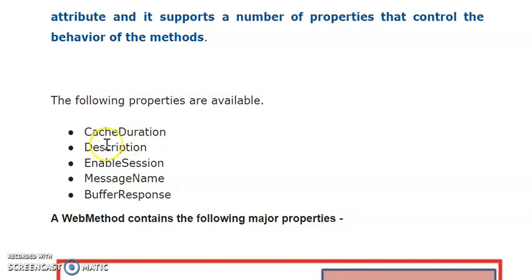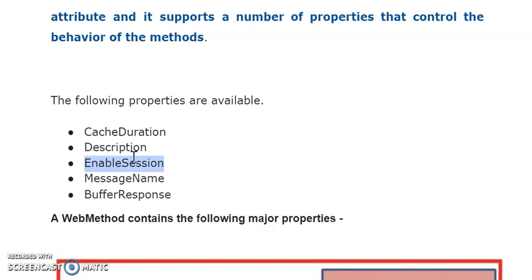Description will describe the information or the functions that you are performing. Then enable session: whether you want to use the session or not. All the methods of the session you can use in your web service.